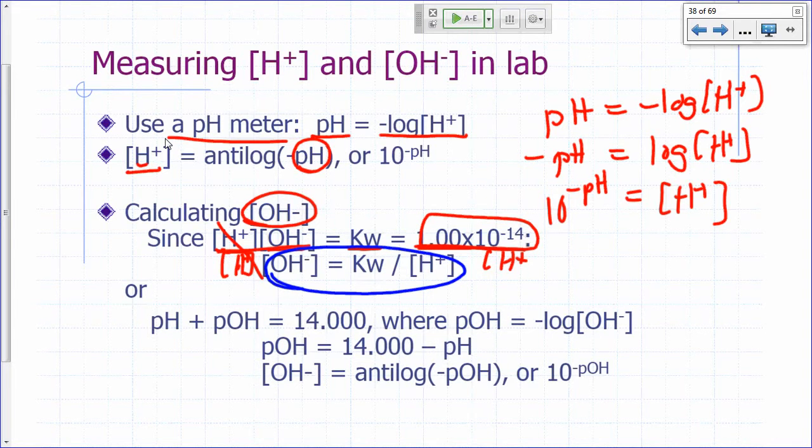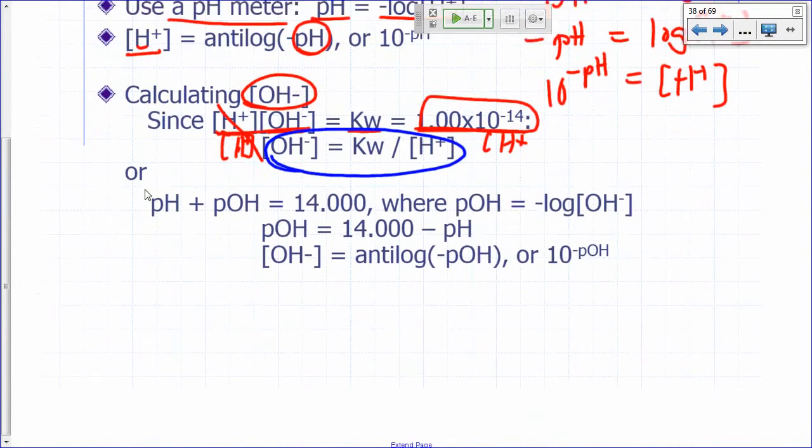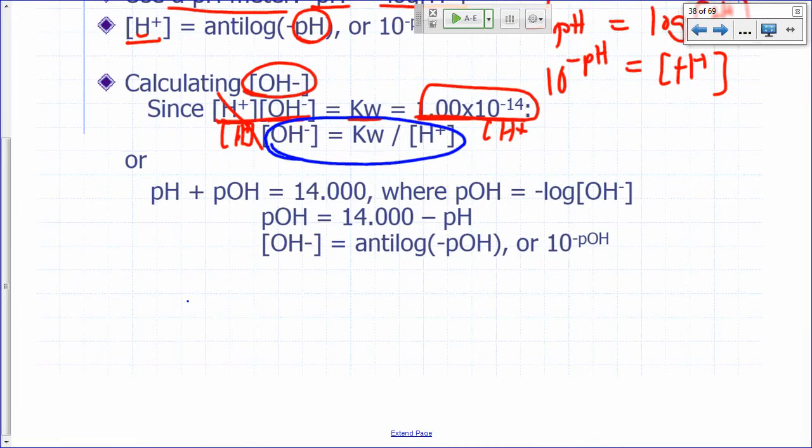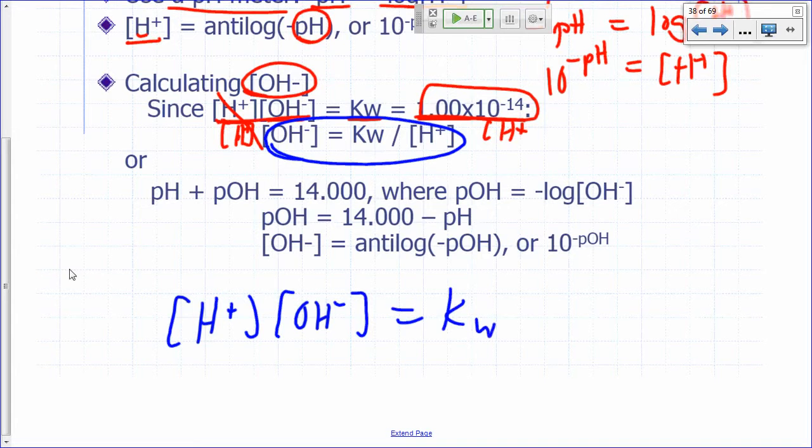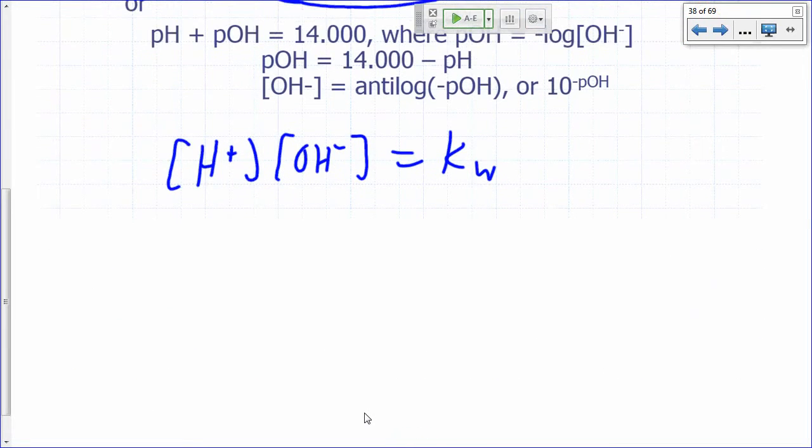Here's another way of looking at it. Since H plus times hydroxide is equal to Kw, if you take the log of both sides, log of a product is equal to the sum of the logs, right?